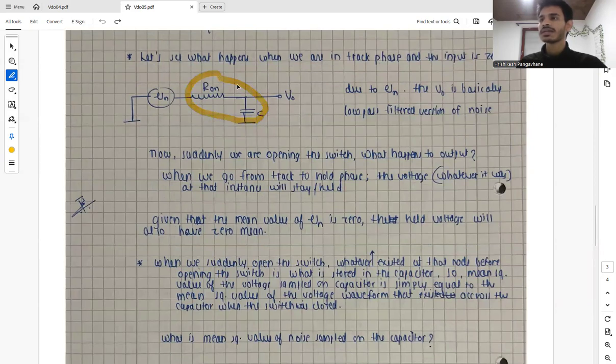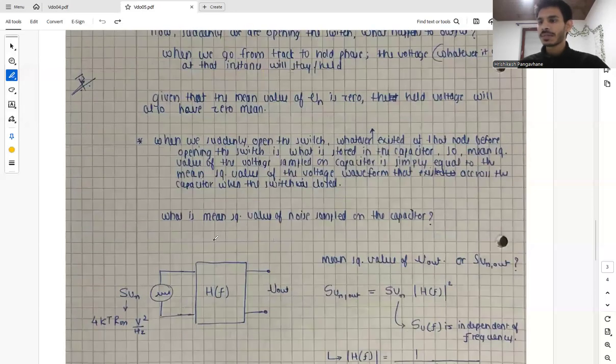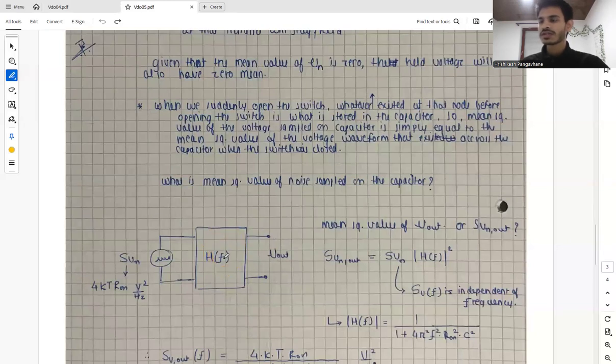So we said that we have an RC network, right? We can consider it as an RC filter, and it has its own transfer function. We have an input to this RC network and an output. We represent this RC network with a transfer function of h of f. At the input, we have S Vn, basically noise whose spectral density is 4kTR on, and we have our output.